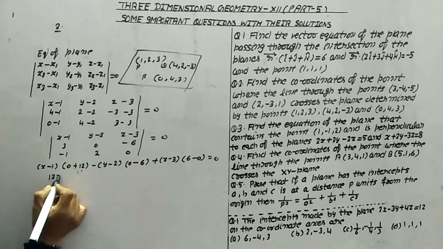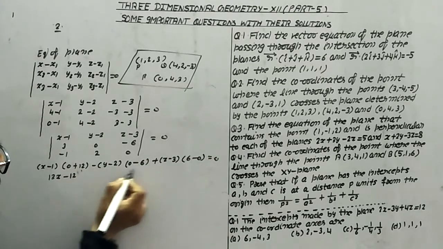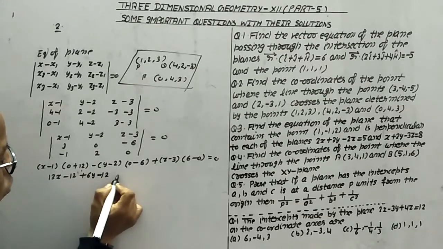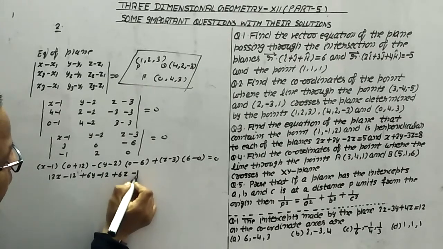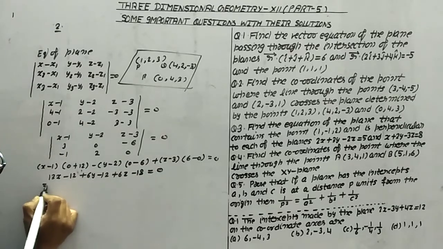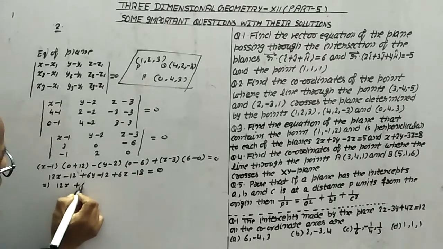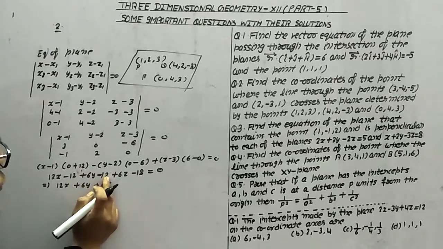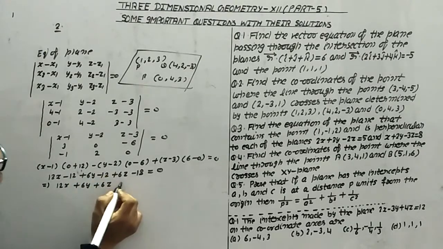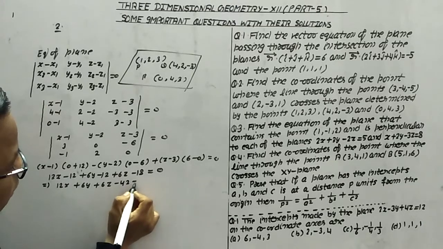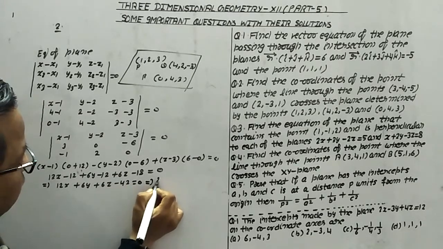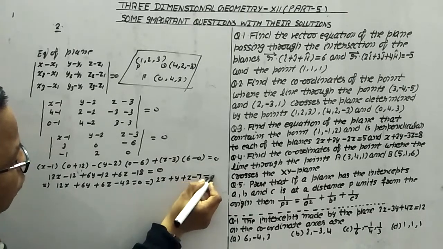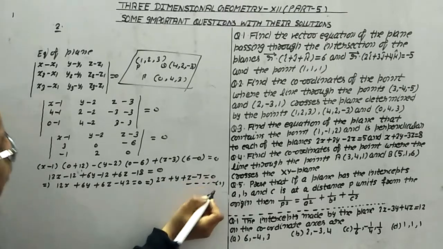It means this becomes 12x minus 12, and minus minus is plus, so 6y minus 12 plus 6z minus 18 equals 0. It means 12x plus 6y plus 6z minus 12 minus 24, this becomes minus 42, equals 0. It implies that 2x plus y plus z minus 7 equals 0. This is equation number 1.